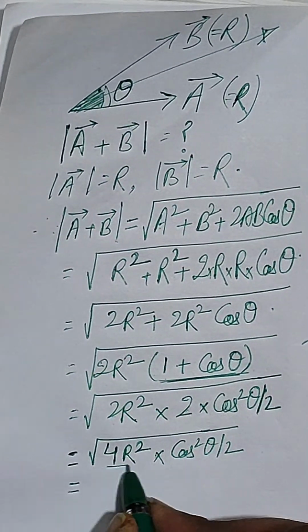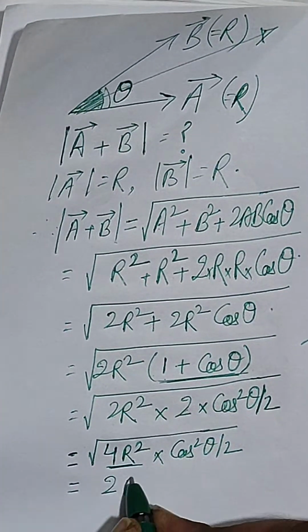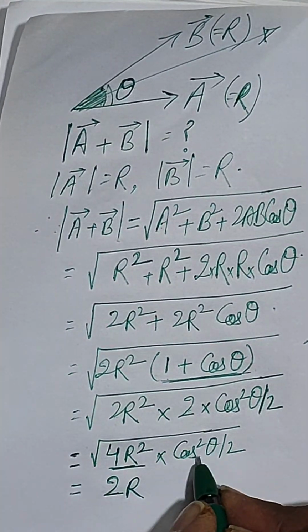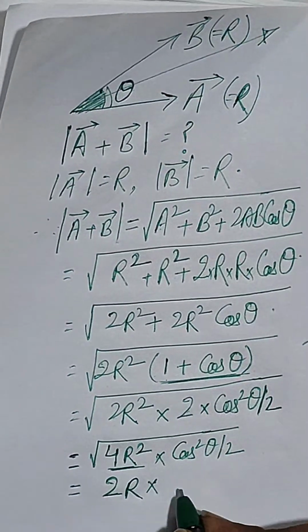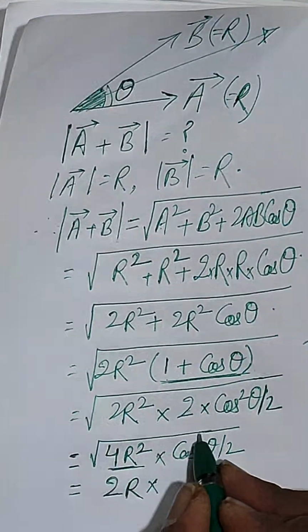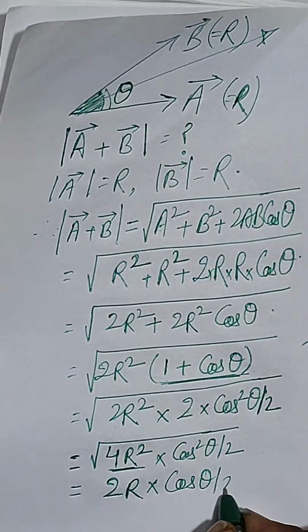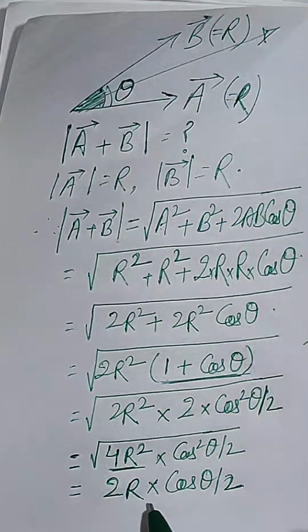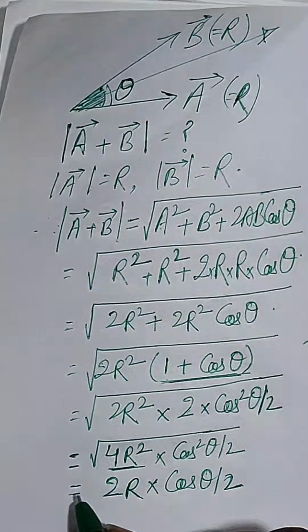So from 4r square, when taken out of this root, 2r will come outside, and cos square theta by 2, square root over there will give you cos theta by 2, right? So the resultant vector will be 2r cos theta by 2.